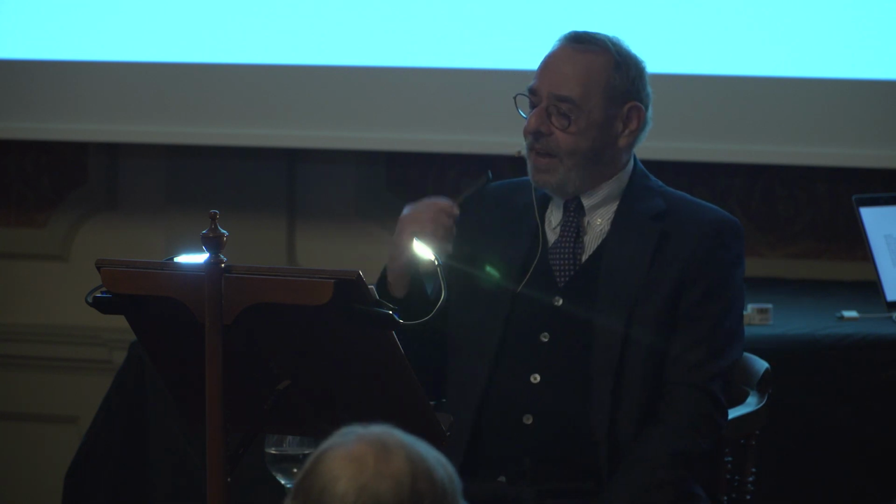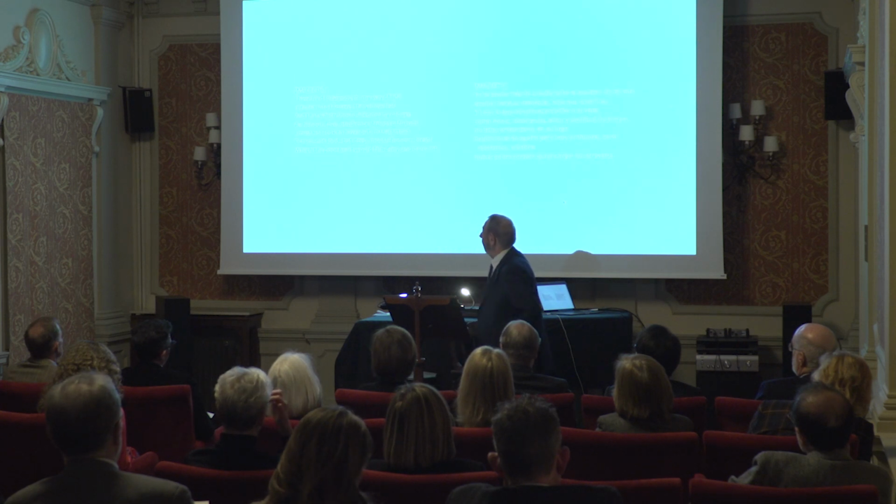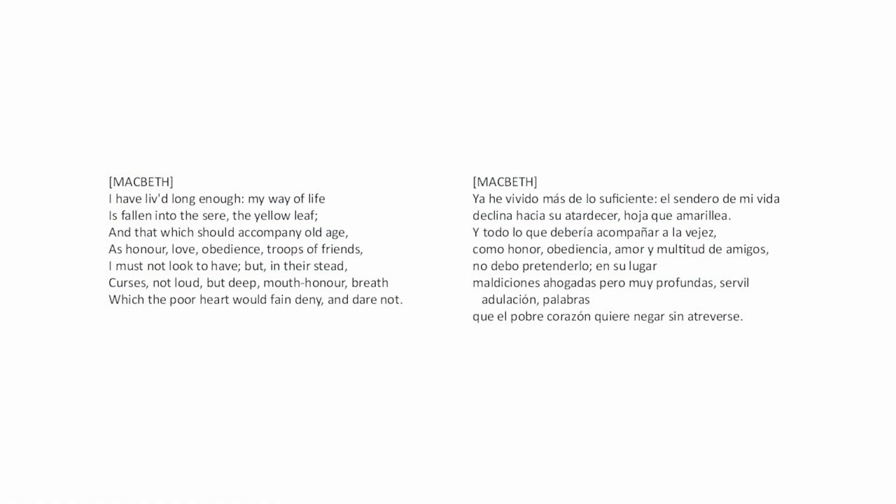Now, in the final act of the play, Macbeth has come to see and come to understand what he has lost. I have lived long enough. My way of life has fallen into the sere, the yellow leaf. And that which should accompany old age is honor, love, obedience, troops of friends.